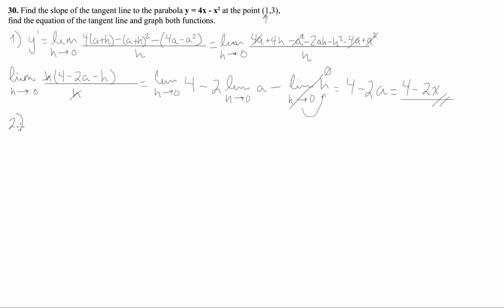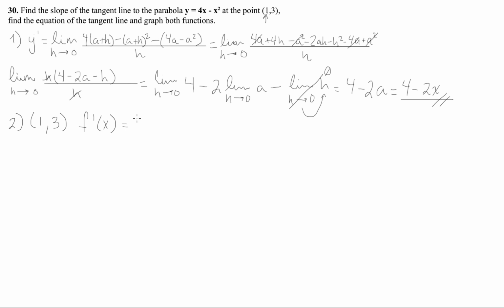So we are going to plug in, if my point is (1, 3), the x value of the point into our derivative. That is read as f prime of x. So this is the derivative.